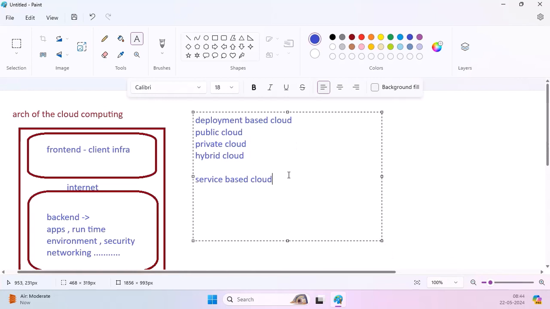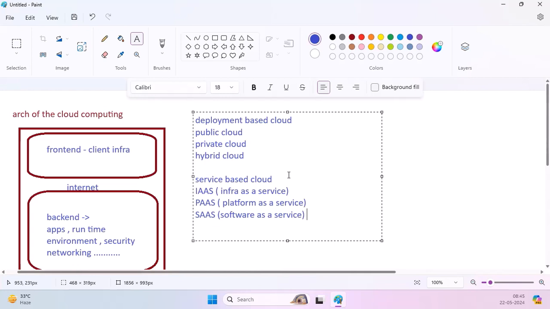And for the service-based cloud, we have IaaS, infrastructure as a service, and then we have PaaS, platform as a service, and then we also have SaaS, software as a service.